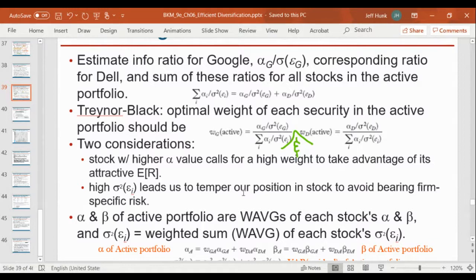Now you might wonder, if we are doing only Google and Dell, aren't we too concentrated in one sector, information technology? Oh, no. Don't worry about it. That's why we have the passive market portfolio. To the passive market portfolio, we're just adding a particular sector. It looks like a particular sector because Google and Dell are both in information technology.